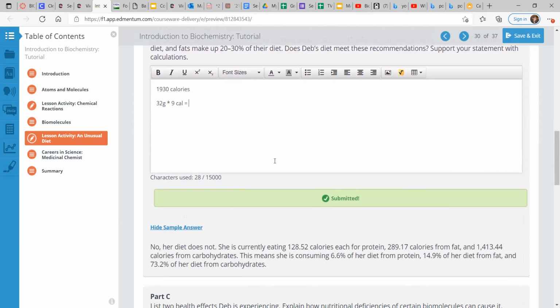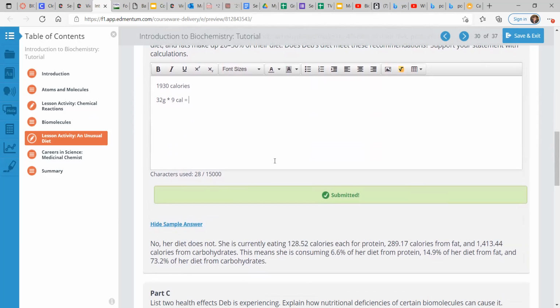You're left with 289 calories of fat consumed.